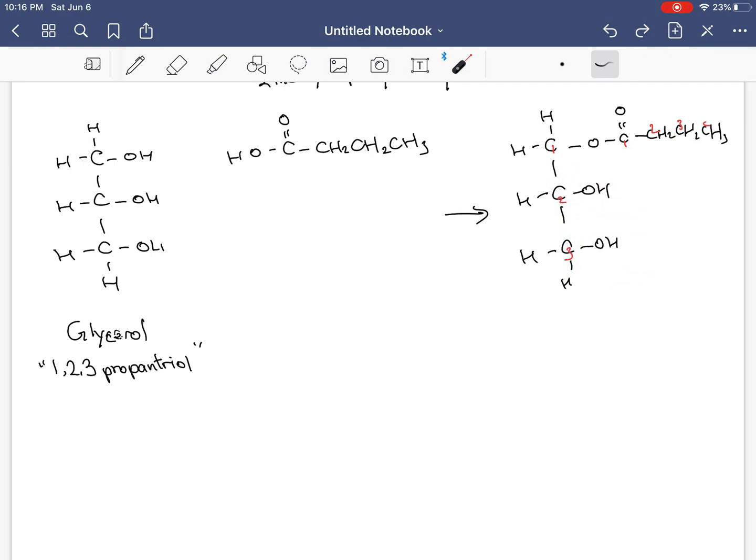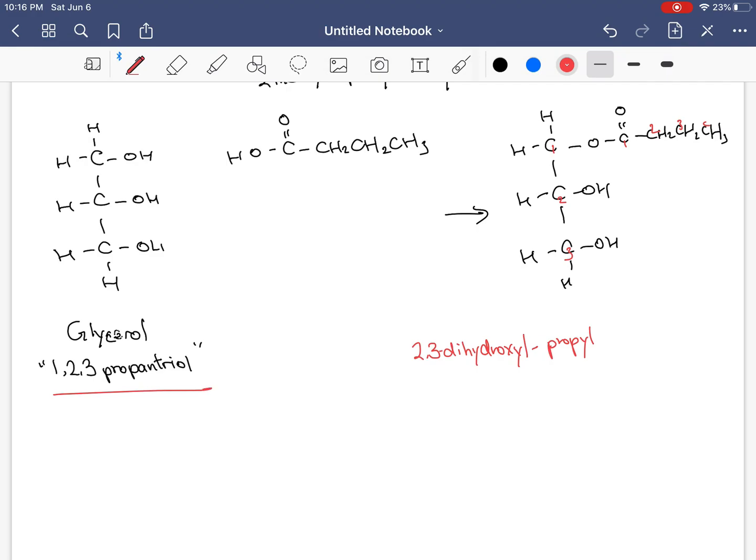Because in terms of the priority chart, ester does play a role. In fact, ester is just right below carboxylic acid. But you don't need to know that. So in this case, when you're trying to name this, you will say 2,3-dihydroxypropyl.